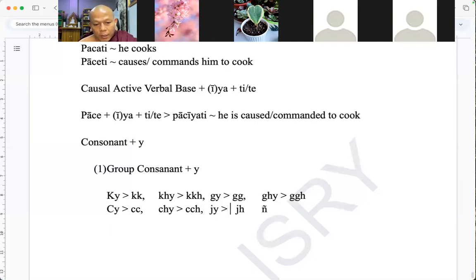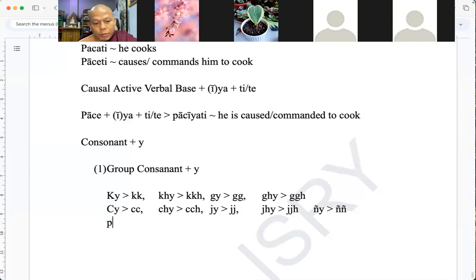And when we see jha ya, it becomes ja jha. In the same way, nya ya becomes nya nya. This is the ja group, the palatal sounds.